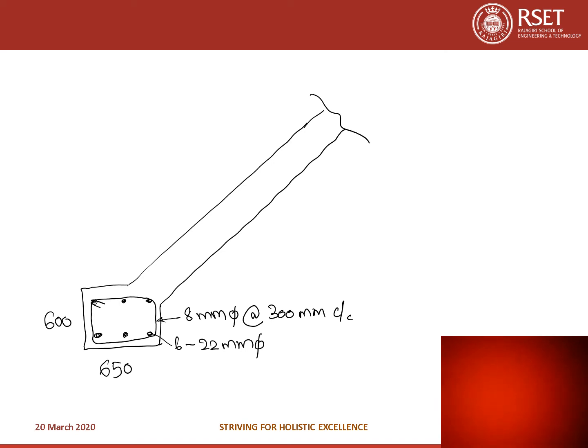Now you have to provide the reinforcement, that is, the minimum reinforcement we provided, at the middle of the thickness. We got the reinforcement as 8 mm diameter at 300 mm center to center.